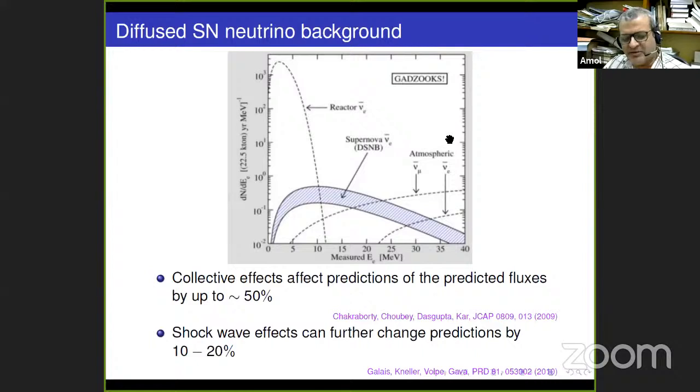The current water Cherenkov detectors do aim to see this and try to reduce their background and see if we can observe them. These predictions depend on shock waves and collective effects, but let's not go into that right now. The fact that we'll be able to see some of them already is an exciting possibility.